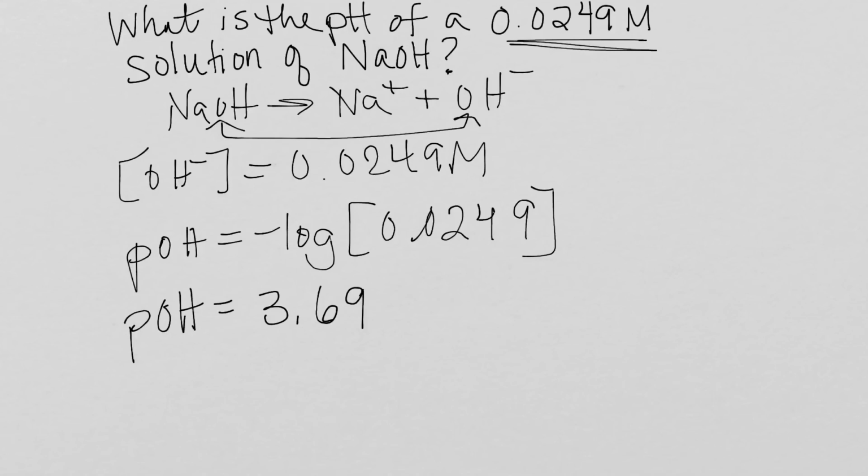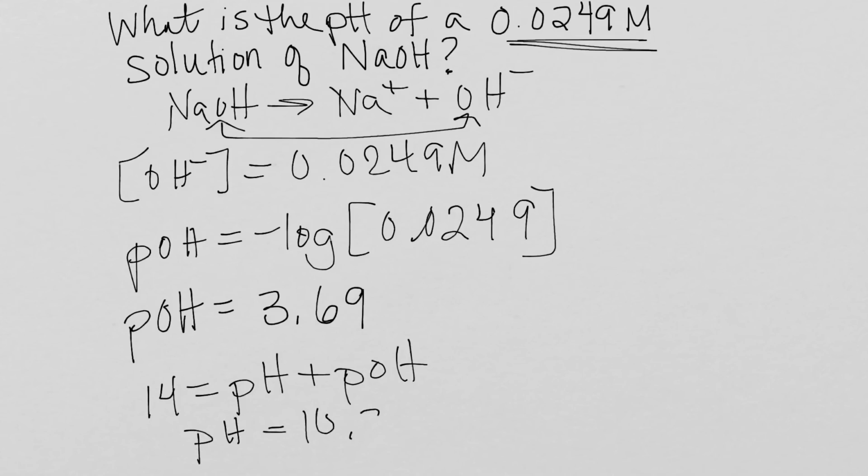Now, it doesn't ask for the pOH, it asks for the pH. And if you go to the table, you can see 14 equals the pH plus the pOH. So if I take 14 and subtract the answer from that, I get a pH of 10.3. And that would be my answer.